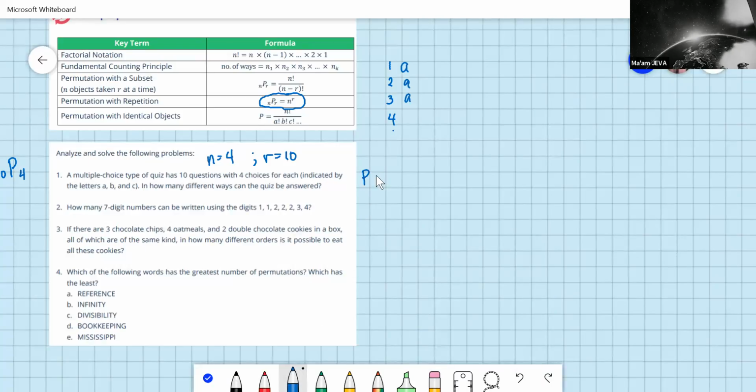So P is equal to 4 raised to 10, which is equal to 1,048,576. So there are 1,048,576 ways to answer the quiz.